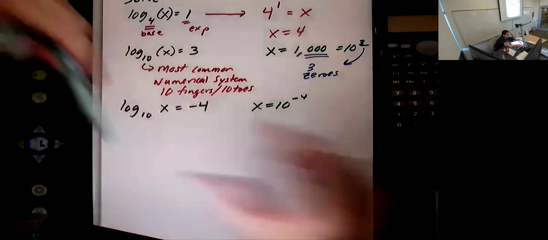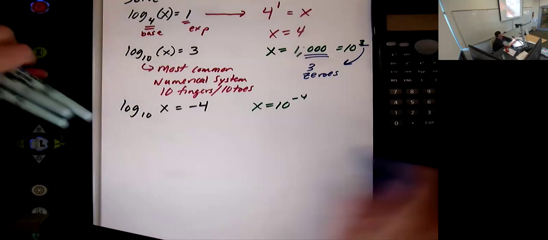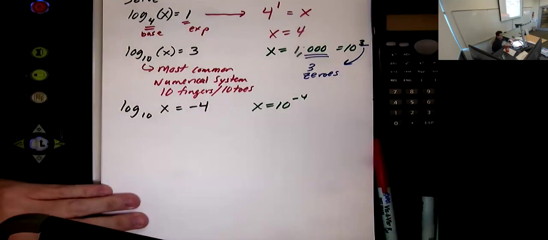So how do I have negative 4 zeros? Like scientific notation. Well, yeah, this is a form of scientific notation.